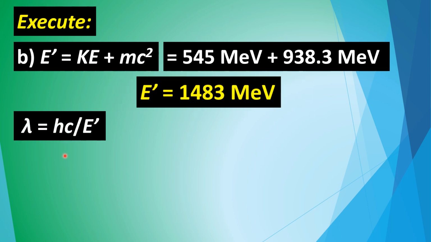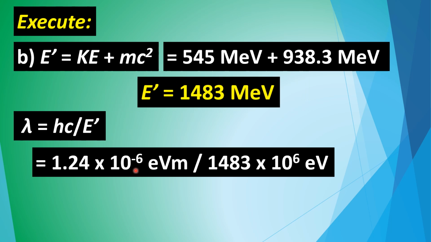Its corresponding wavelength, again using the formula, lambda is equal to hc divided by E prime, where earlier we already determined the product of Planck's constant and the speed of light, that is 1.24 times 10 to the negative 6 electron volt meter, and divide that by the computed final energy E prime, already expressed in electron volts, or 1,483 times 10 to the 6 electron volts.